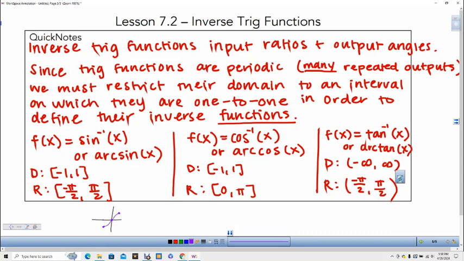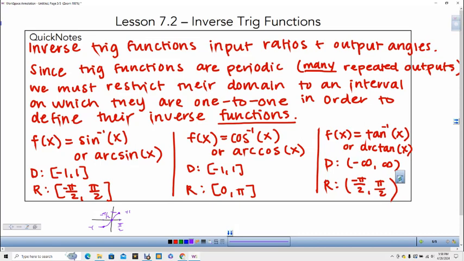So that's where we get the limitations here. What's our minimum value right there? Well, that is -1. Our maximum value here at the top is +1. And then where is this? Well, that's -pi/2. And where's this? That is at positive pi over 2. So when we limit it that way, we've got something that's one-to-one, and when we take its inverse, remember, for an inverse, the domain and the range swap.